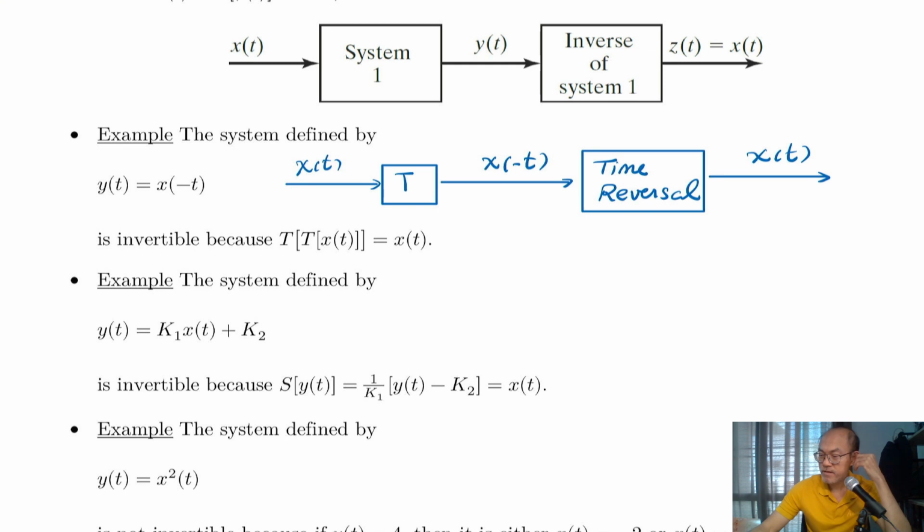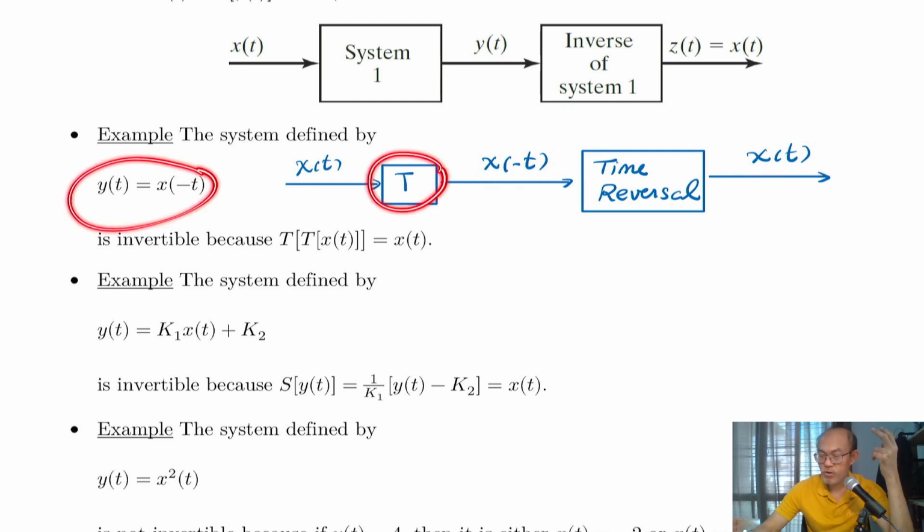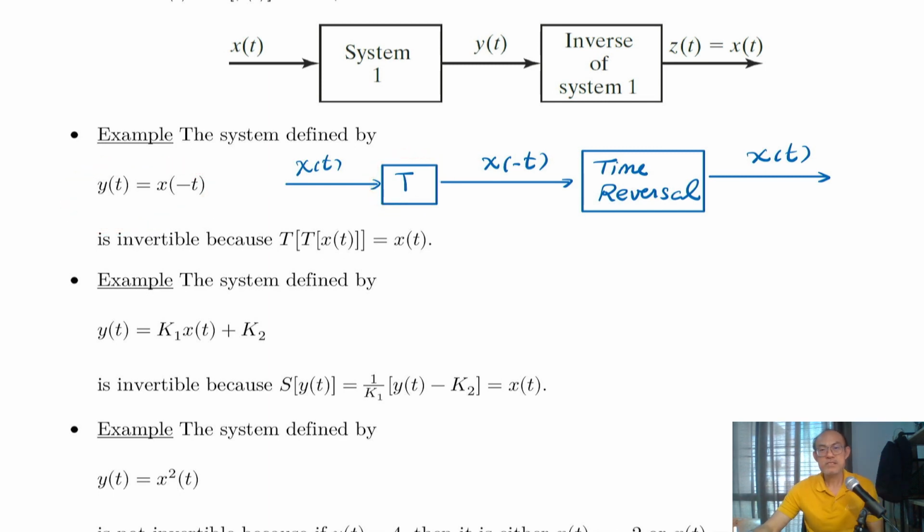Given this, you can get x back without any ambiguity. So system T here, defined by this equation, is invertible.